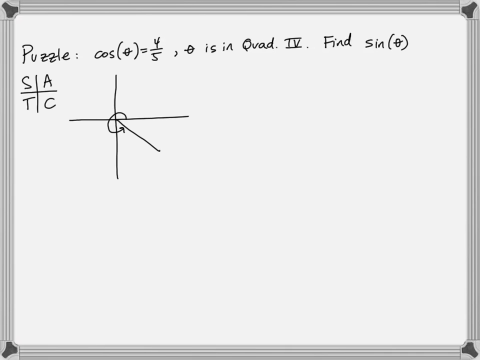Remember that my reference angle for cosine attaches to the x-axis. It's the acute angle that attaches to the x-axis. Because it's acute, it can always fit in a right triangle. So I'm going to make a right triangle that involves theta prime.